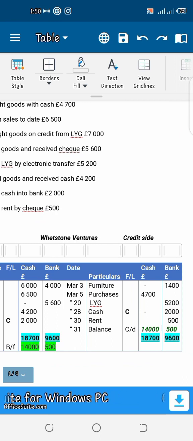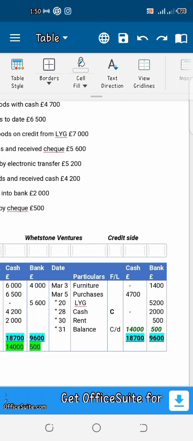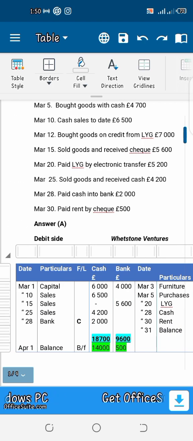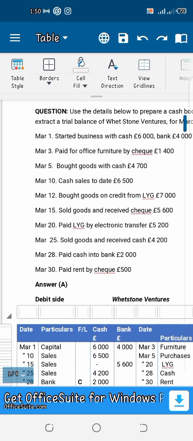You see March 3rd, furniture, £1,400, because it is paid by check, is written in the bank column of the credit side. Now we go to the next question.